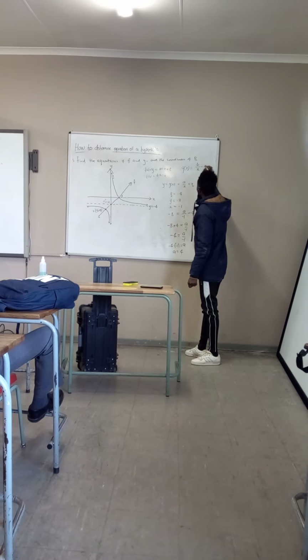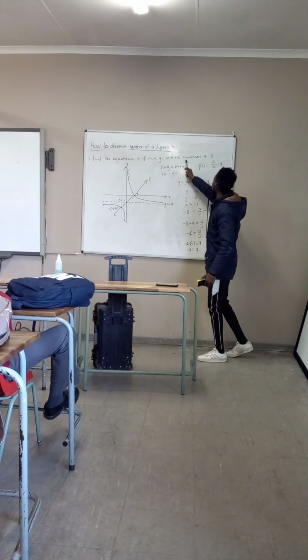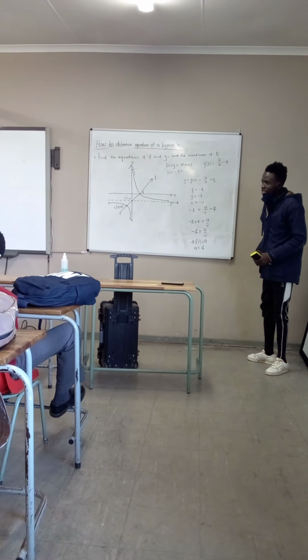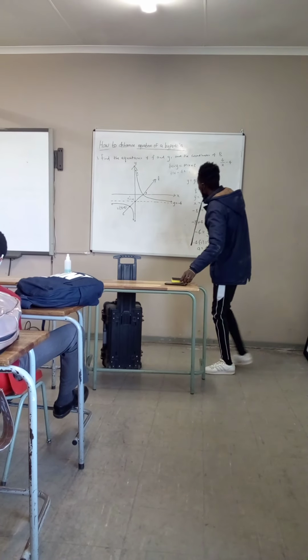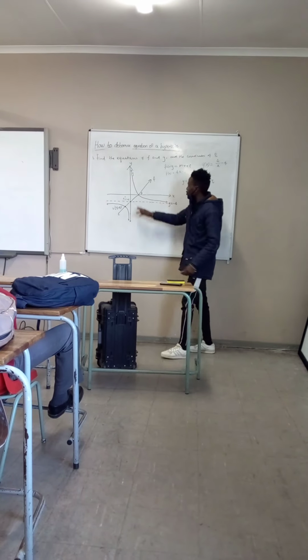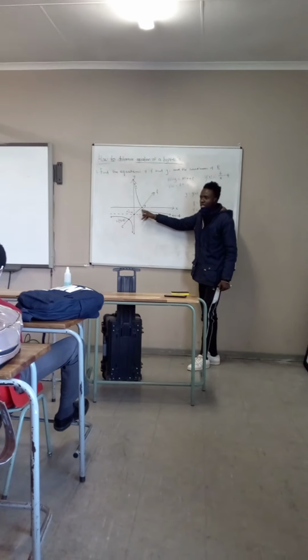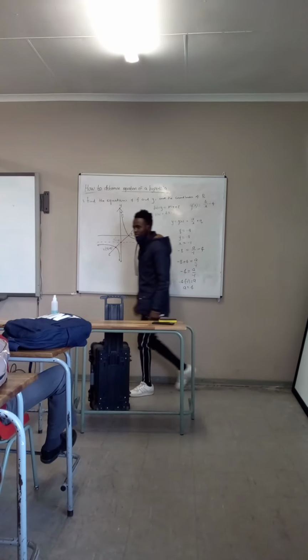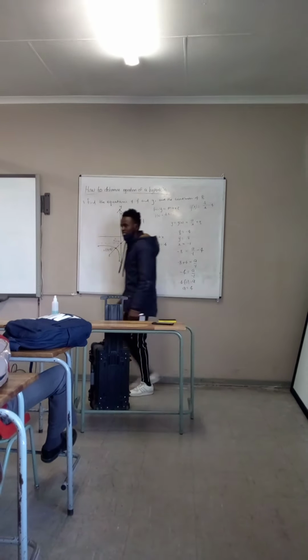Yes, we have to continue. And then they say, now calculate the coordinate of b. And the coordinate of b lies on our x intercept. For x intercept, let y be 0.